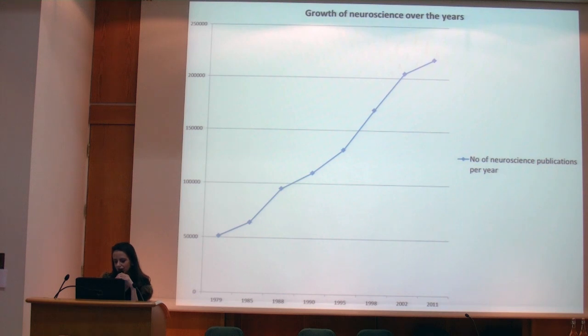You see here, it goes from 50,000 publications in 1979 up to 250,000 in 2011. So this is actually a very, very fast growth. This is the point of this talk, in a way, that although the field is extremely young, it is also growing extremely fast due to high interest. This attracts funding and therefore causes a lot of publications and a lot of data to be provided and modeled.